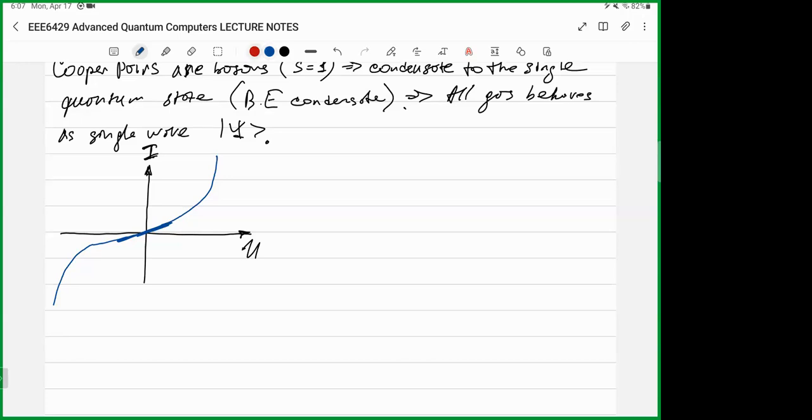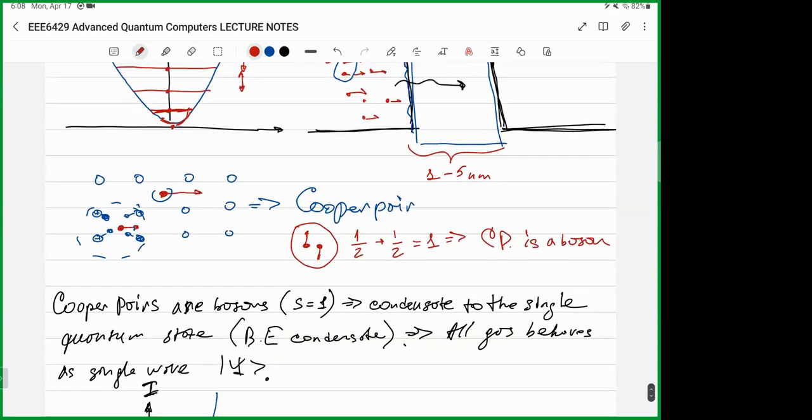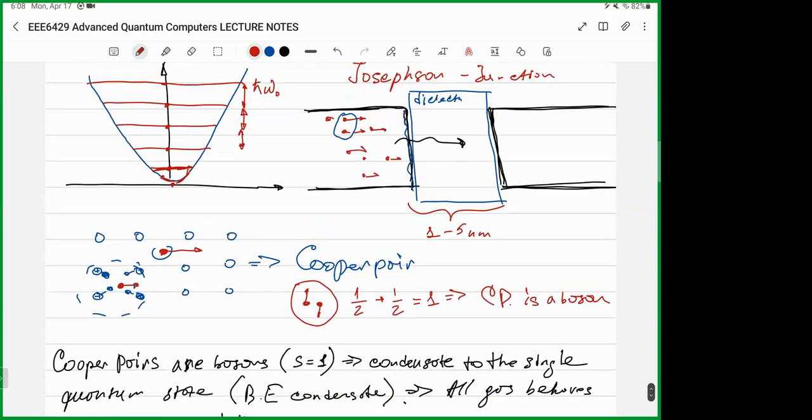And the important point about this characteristic is that this nonlinearity happens at the single photon level. So if this junction absorbs one photon, it generates some, no, it's wrong to say it this way.